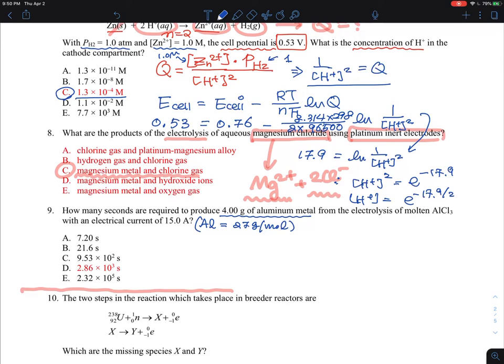So what I can do is, the grams of aluminum is something that I know the value of. The grams of aluminum is related to the charge, Q, which is the charge in Coulombs. And 96500 Coulombs is 1 mole of electrons.